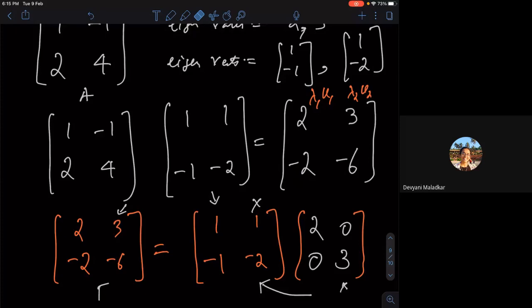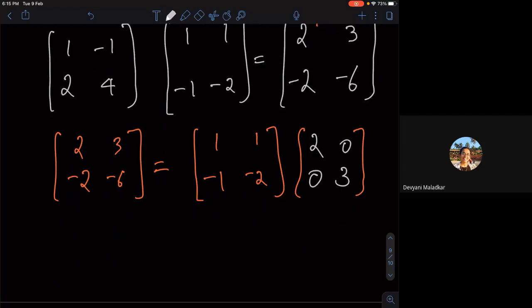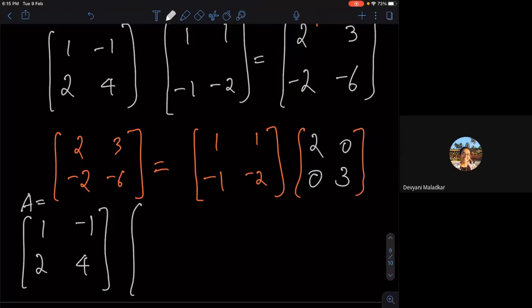Can you see this pattern? So I can write this entire thing like this: 1 2 minus 1 4, which is my matrix A, right? And I have my eigenvectors here: 1 minus 2. These are my eigenvectors.